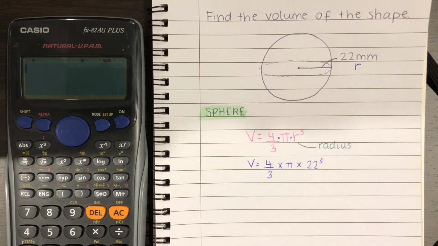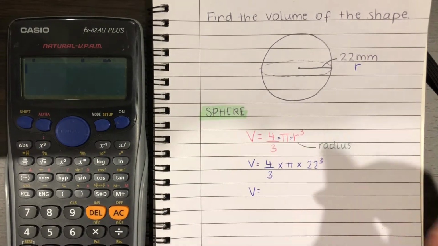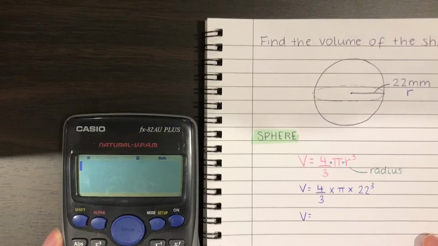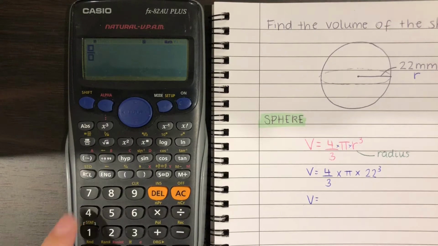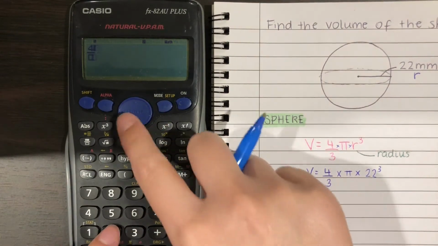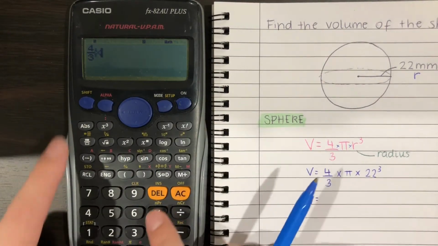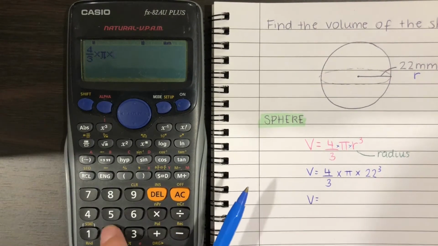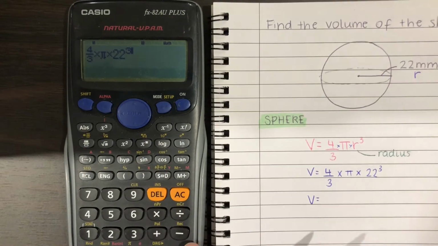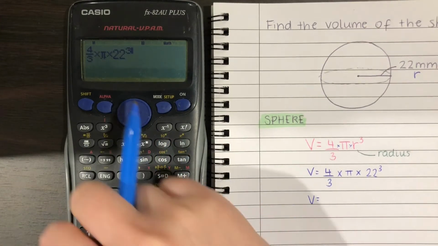And then we put it in the calculator exactly how we see it. So we've got fraction button, 4/3, times the actual pi button, times 22 cubed. See how it's exactly the same?